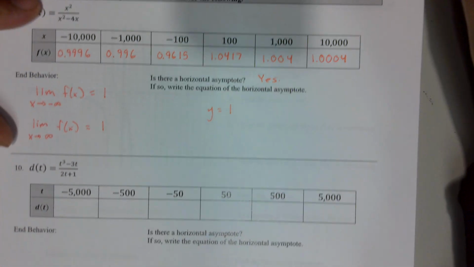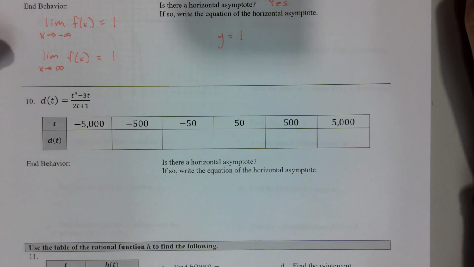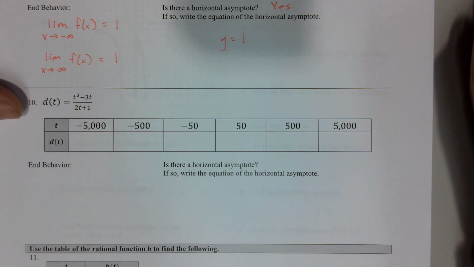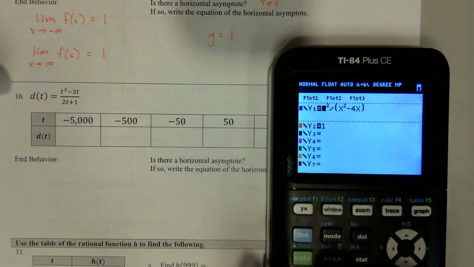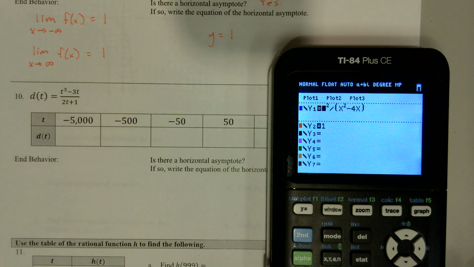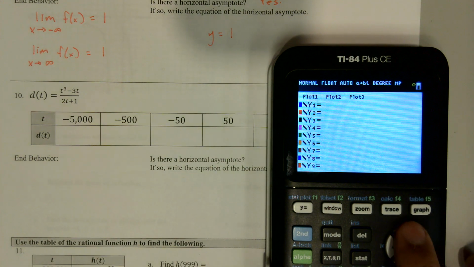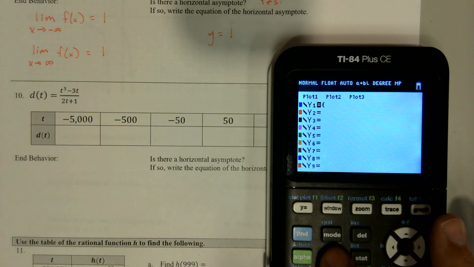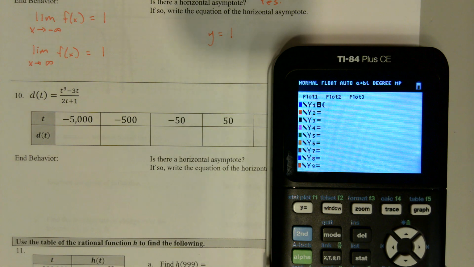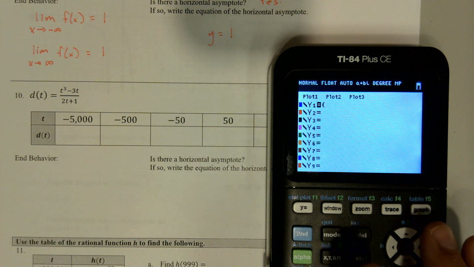Okay, now let's see if we can figure out what's going on with this function. So similar thing, we go to y equals, and we can clear out all of our stuff here. And we want to type in this function. Of course you can use alpha and then hit x and make a fraction. If your calculator doesn't have that, I'm going to type it in like that just so that everyone understands, because everyone's calculator will be able to do this.